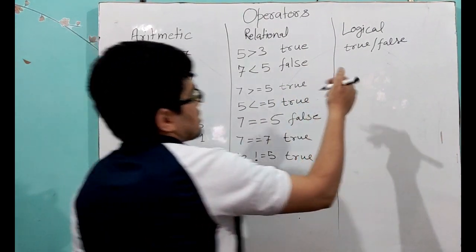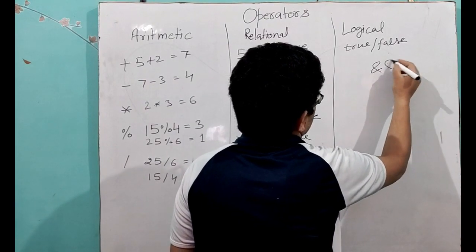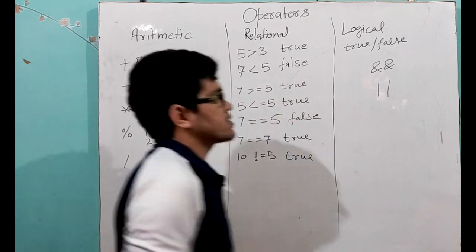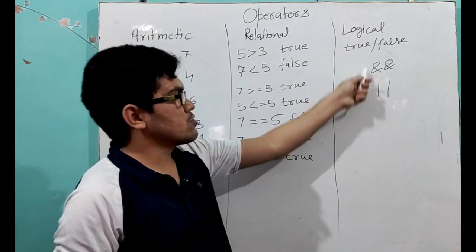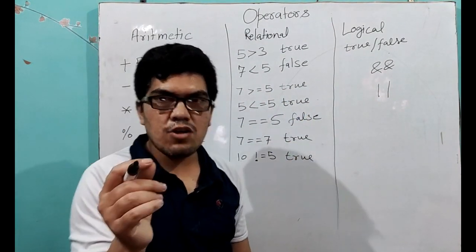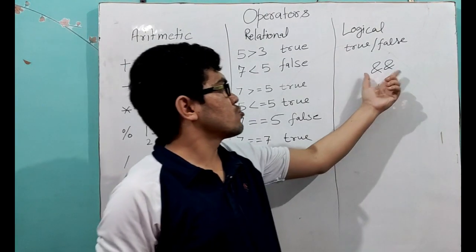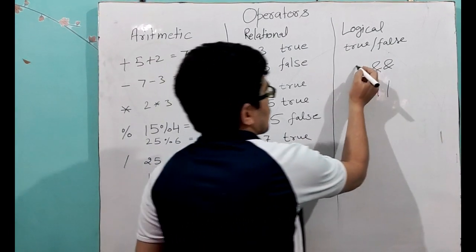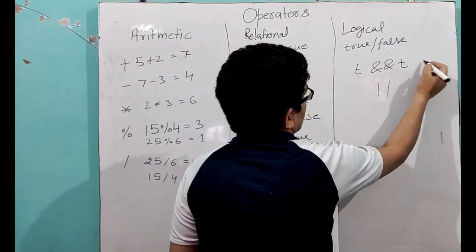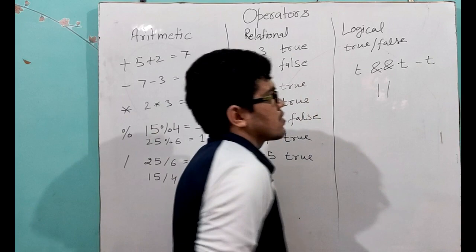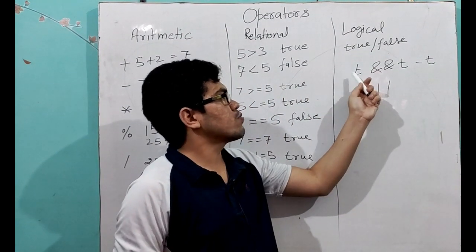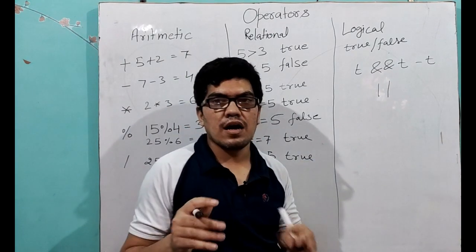So the first operators are AND and OR. First let us discuss these two. The AND operator will give you true only when both operands are true.